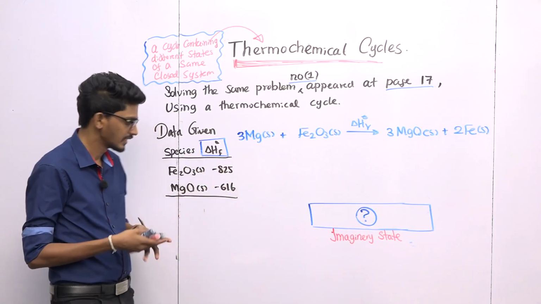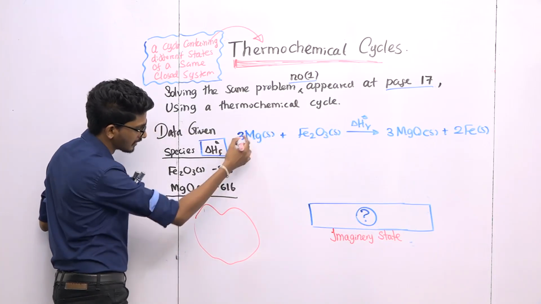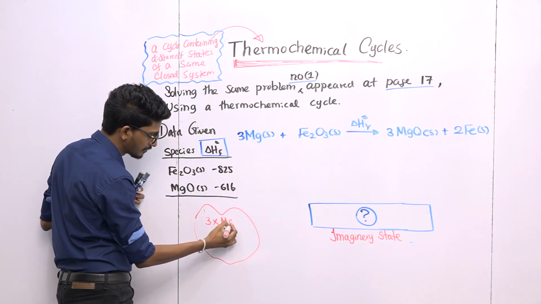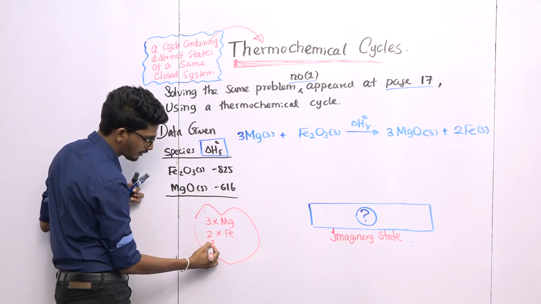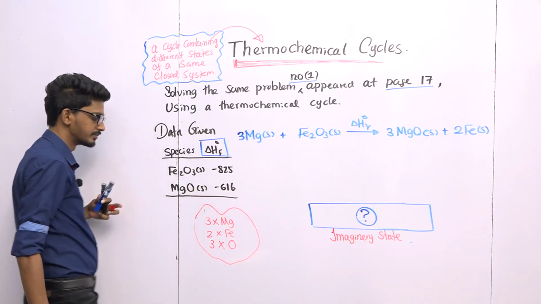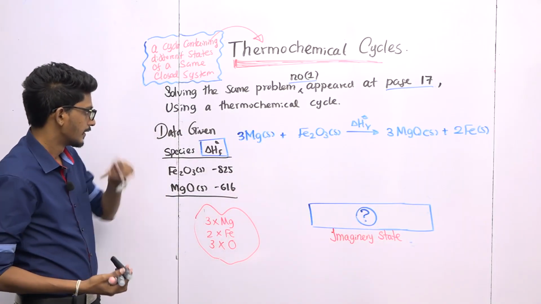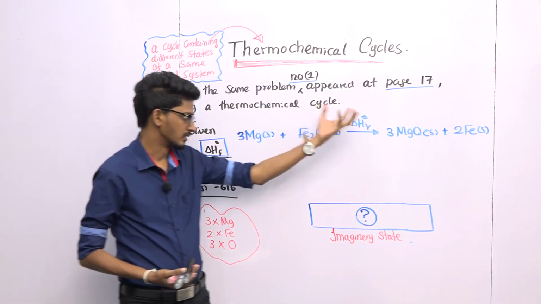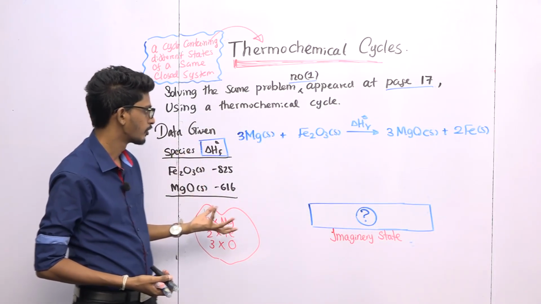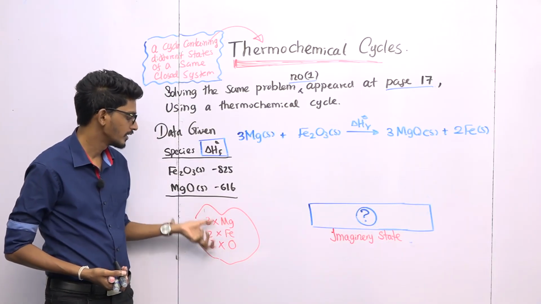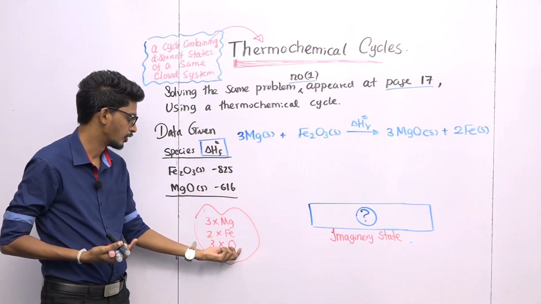This closed system is a system containing 3 magnesium atoms, 2 Fe atoms, and 3 oxygen atoms, right? The thermodynamic cycle is all about this system. The 1 mole compounds are written, but the reference forms of all the elements of the system are not written. Some of the things are written, but for the oxygen it is not written.